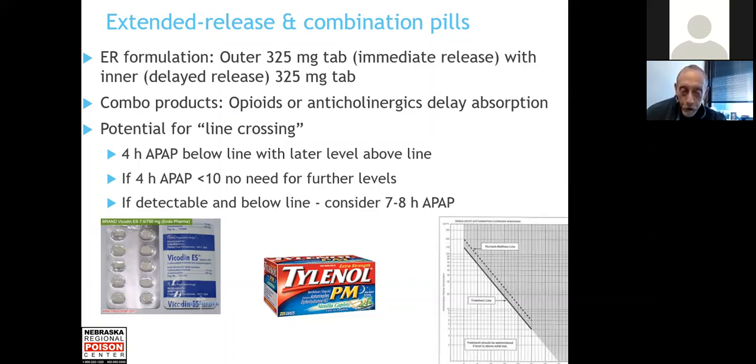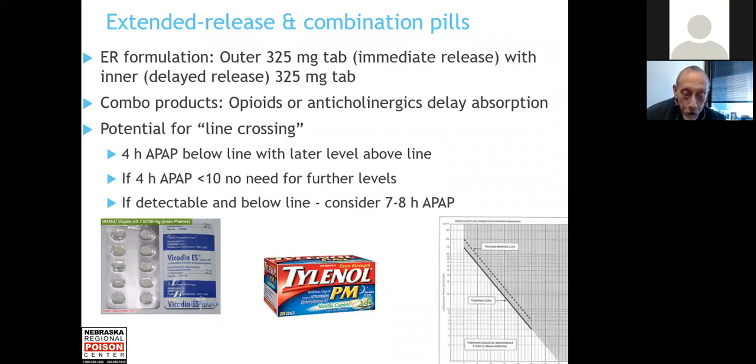So somebody overdoses on Tylenol PM. They might have a 4-hour acetaminophen of 120. It's below 150, so it's a little below the treatment threshold. So what happens? You could say, all right, that person doesn't need treatment.